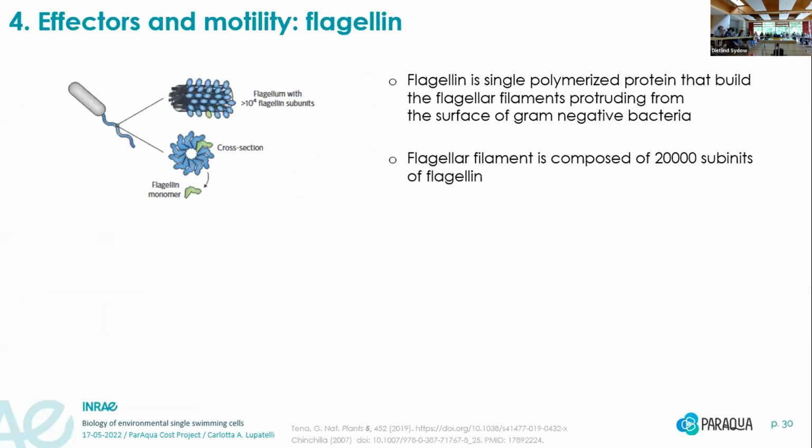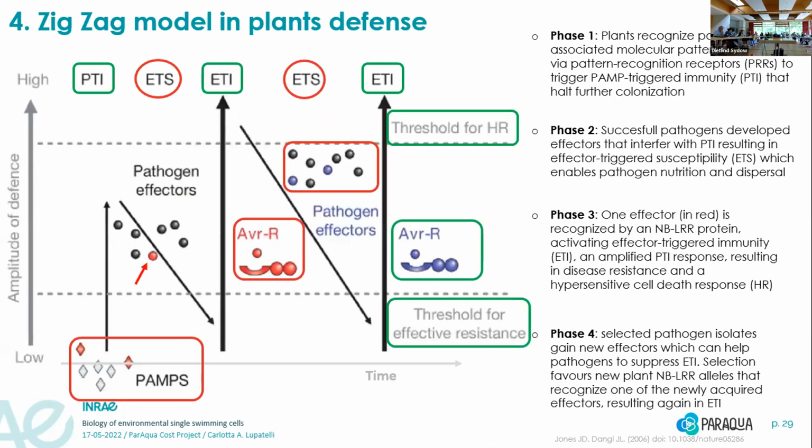So here is just very quickly an example of how some of these actors that play a role during the infection of the plant, so in the zigzag model, are also strictly related to motility. For example, flagellin, which is the main component of the bacterial flagella, is involved in this zigzag model since it can be a PAMP, so it can provoke the PTI response.